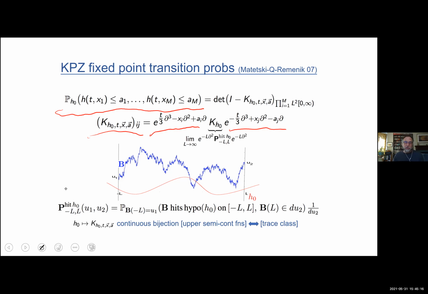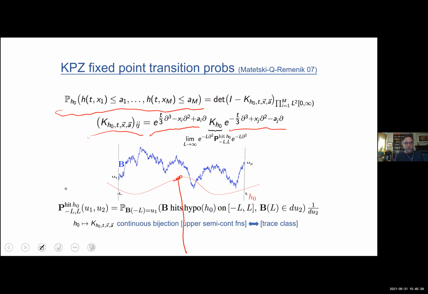You have to phrase it like this, because some of our functions h0 are very strange functions. For example, h0 could have one value at one point and minus infinity everywhere else. So you have to talk about hypographs. That's called the narrow wedge initial data.